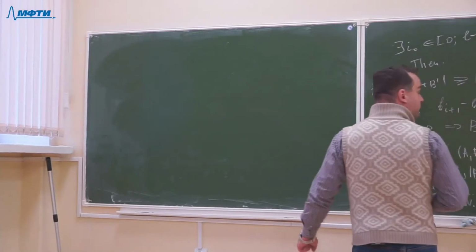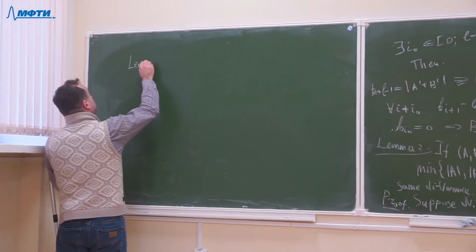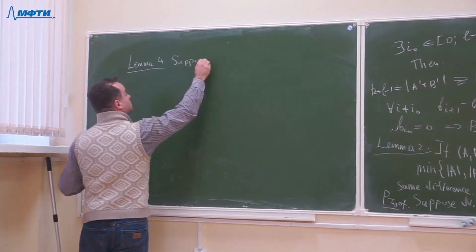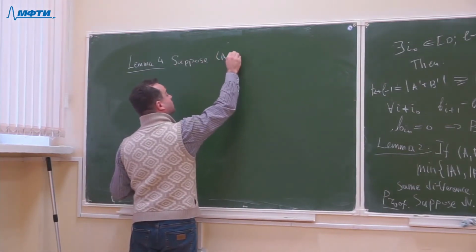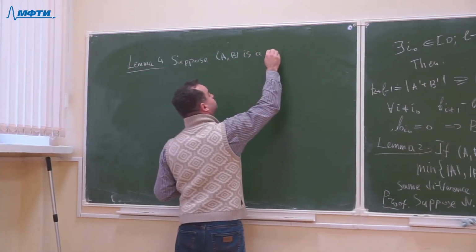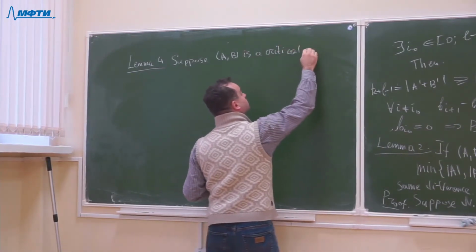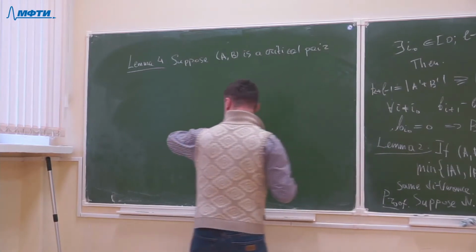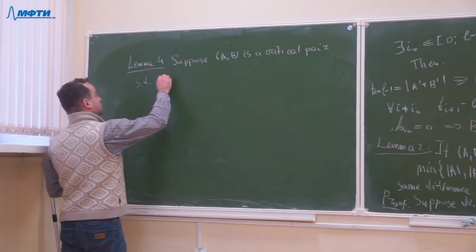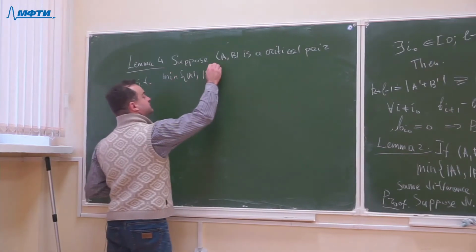Good. Lemma 4. Suppose AB is a critical pair such that the minimum between the cardinality of A and the cardinality of B is at least 2.